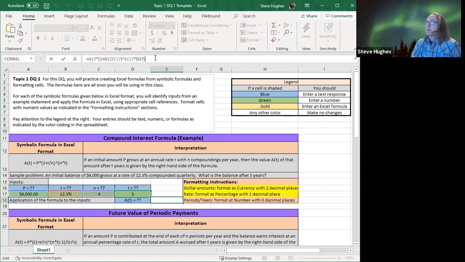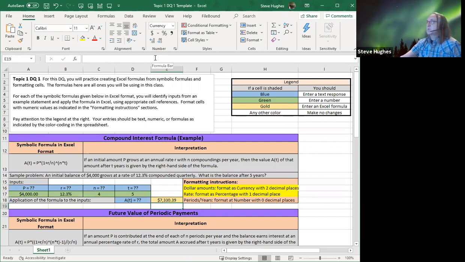Next, I need the caret key, which is Shift 6, open parentheses, N. Where is N? It is in cell C17 times, remember that is Shift 8, T. Where is T? That is in D17. I close the parentheses and I hit enter.